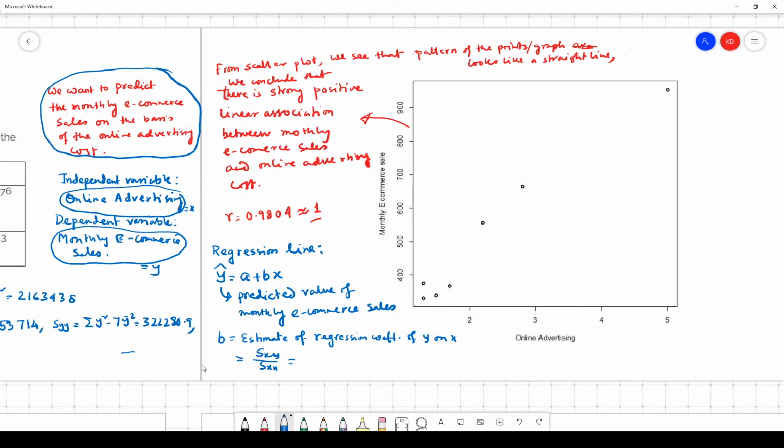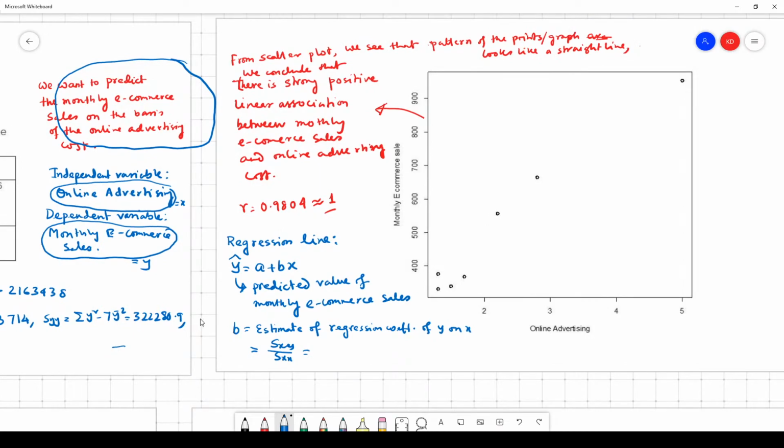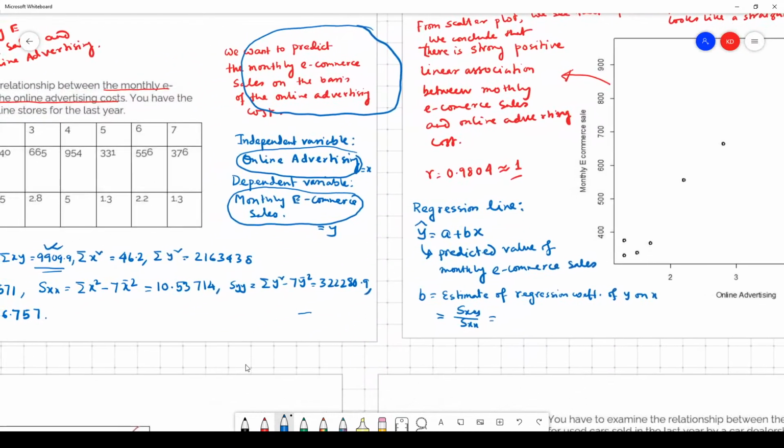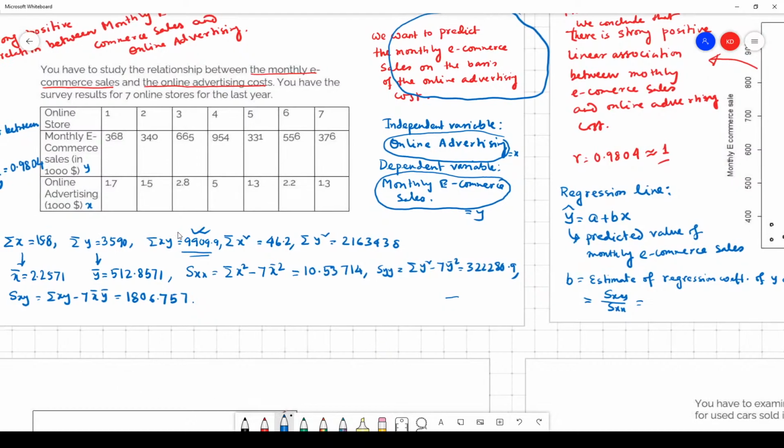So please, we already computed the values Sxy and Sxx. Sxy in this case is 1806.757, and Sxx is 10.53714, which is equal to, so please tell me the value.